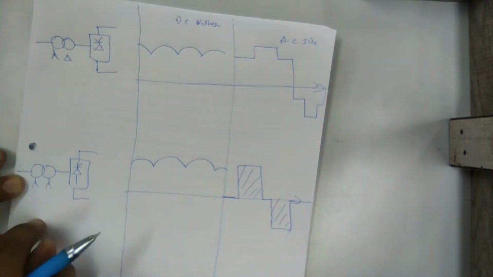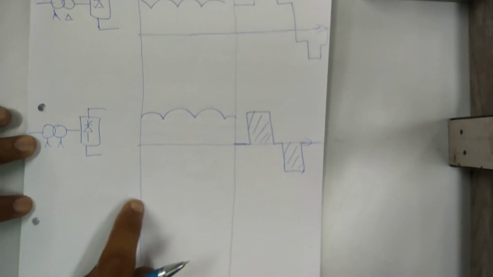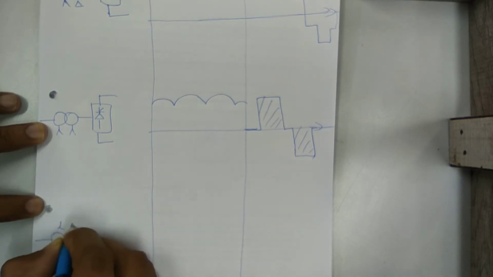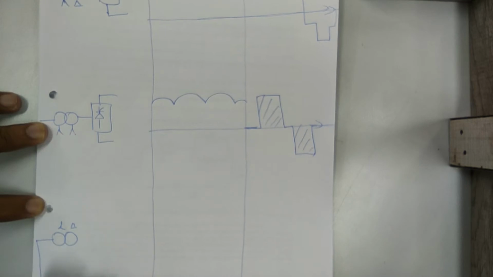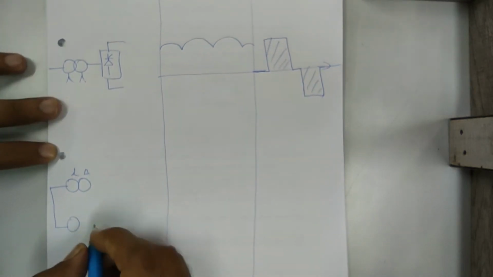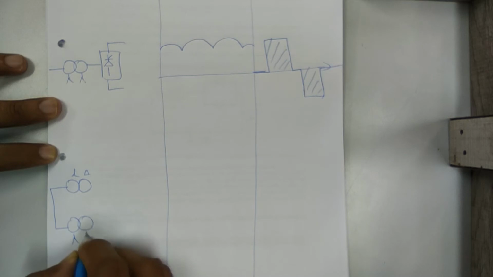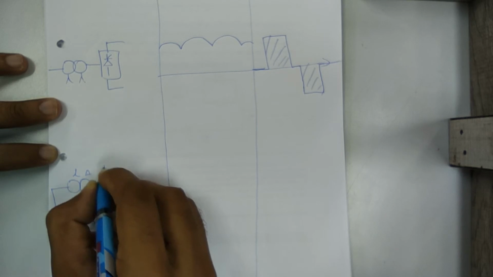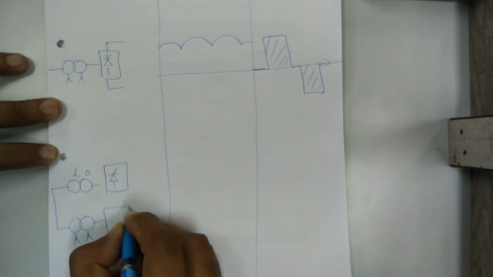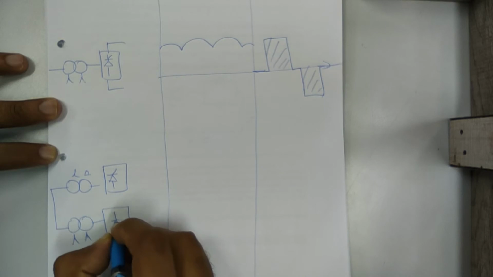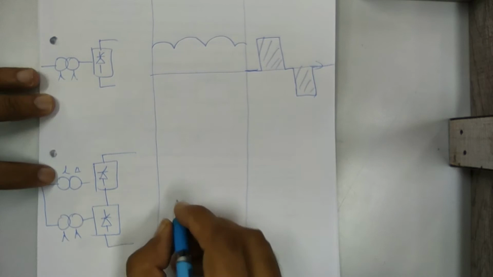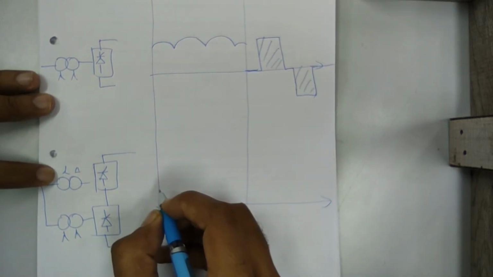Now you combine both of these, because we make the 12 pulse converter by combining these two. So in this case, here we have star delta, another is star star, six pulse converter, this one, and this is another 6 pulse converter, and both are connected in series, and the output you get is 12 pulse.